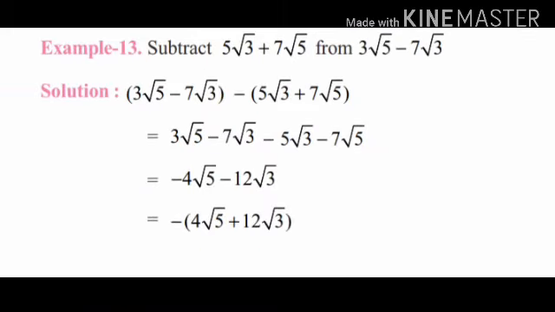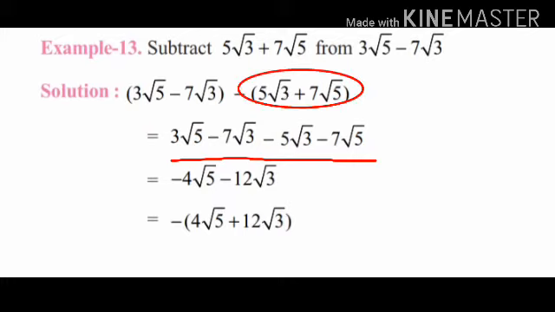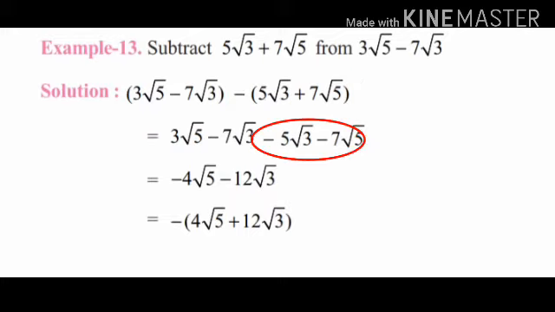Example 13. Subtract 5 root 3 plus 7 root 5 from 3 root 5 minus 7 root 3. Solution. (3 root 5 minus 7 root 3) minus (5 root 3 plus 7 root 5) is equal to 3 root 5 minus 7 root 3. Remove the bracket and change the sign of 5 root 3 and 7 root 5, that is minus 5 root 3 minus 7 root 5.